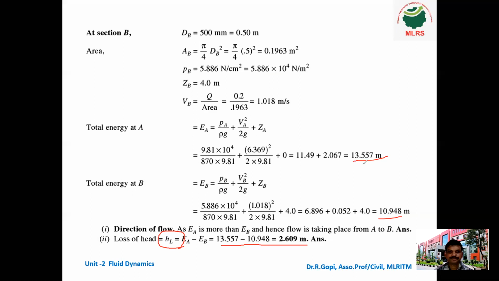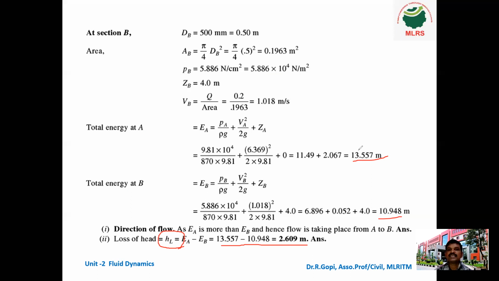Since EA is more than EB, hence flow is taking place from A to B. Here EA value is more compared to EB value. So the flow direction is from A to B, not B to A.